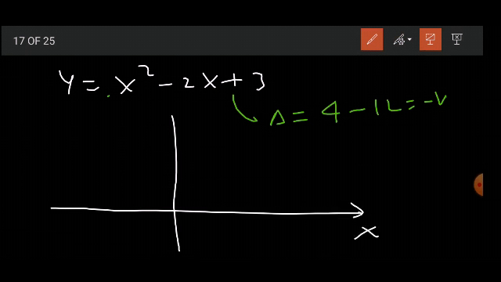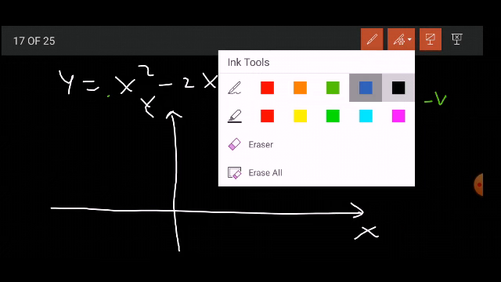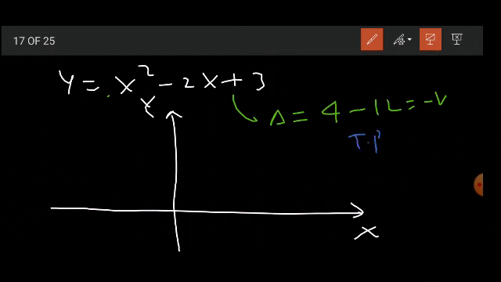This is the x-axis, this is the y-axis, and here is the turning point. Let's solve for the turning point. That is minus b by 2a, that means negative of negative 2 upon 2, so x equal to 1 is the turning point. At x equal to 1 it has a minima point because the coefficient of x square is positive, so the concavity is upward.